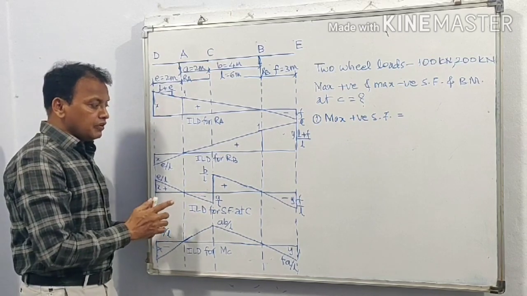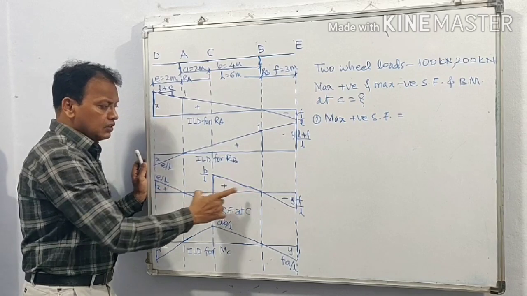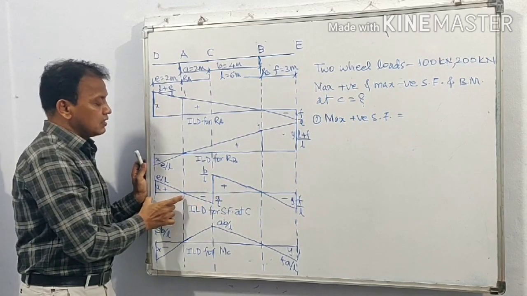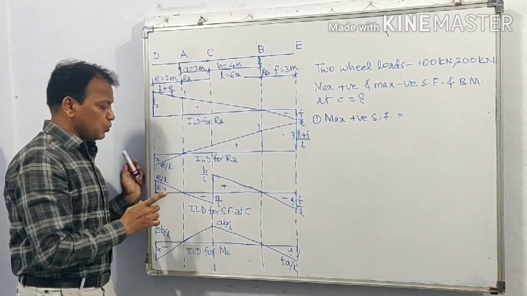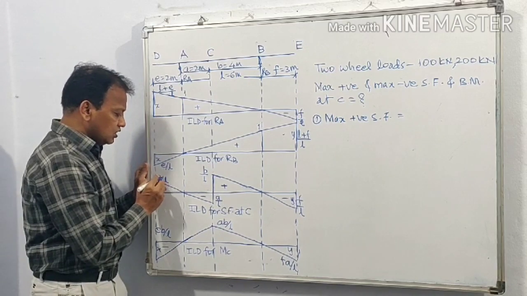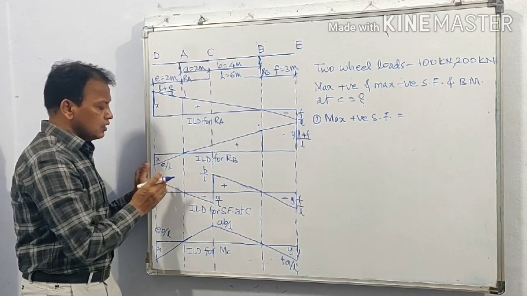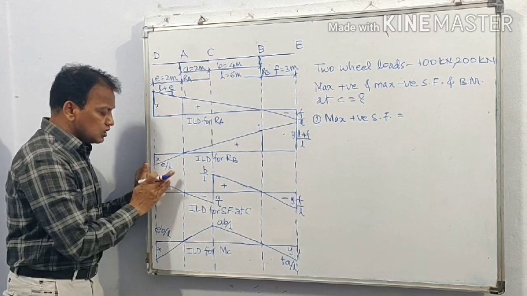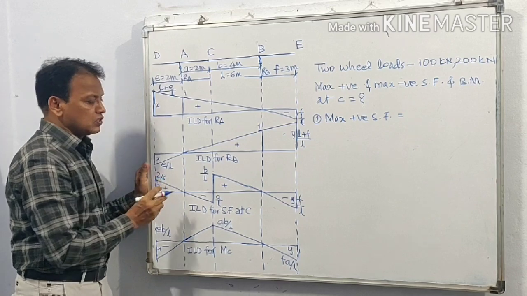Now here we can see, over length DA and CB, the diagram is positive. So let us find these ordinates. This ordinate E upon L, E is equal to 2 meter, L is equal to 6. So instead of E upon L, let us write here 2 upon 6.